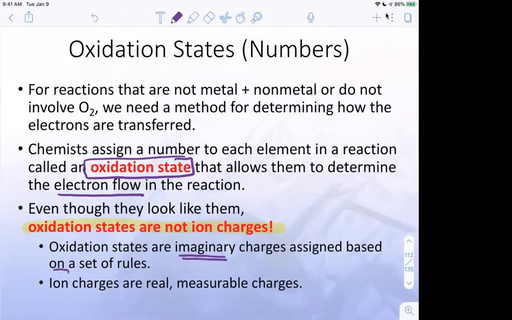Don't forget, ion charges are actually real and measurable. Typically that unit is a coulomb, and I can experimentally determine the charges on ions. So don't forget that there is a difference.